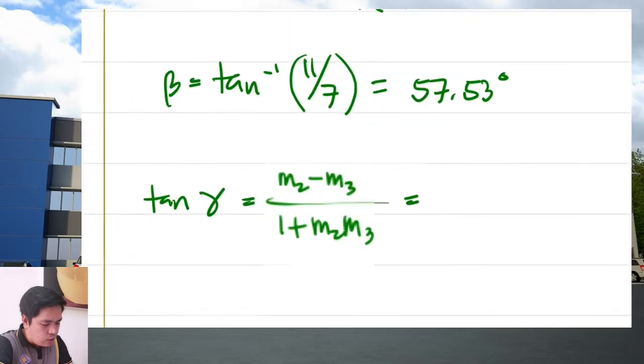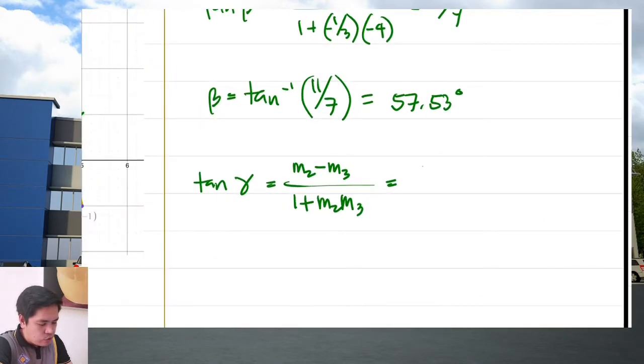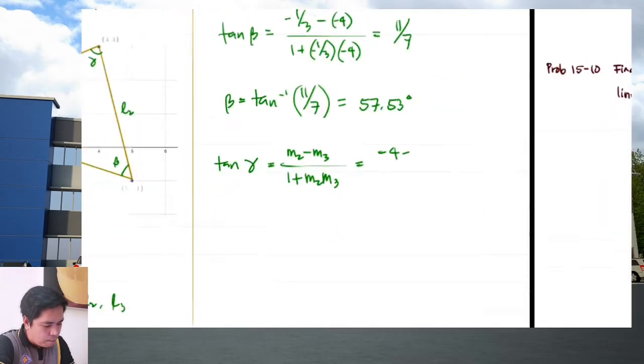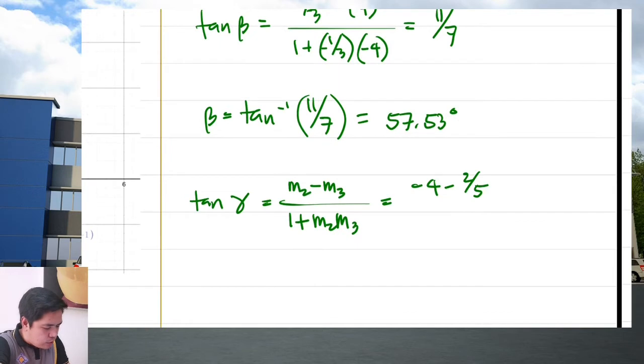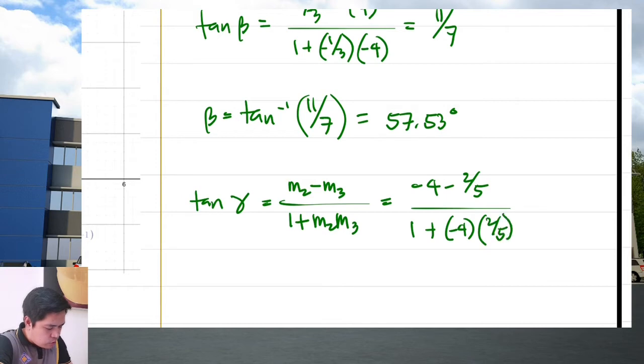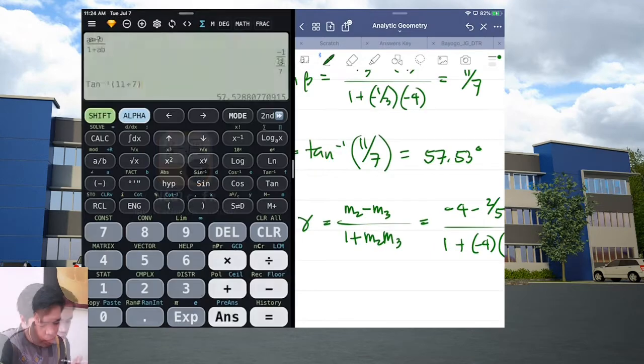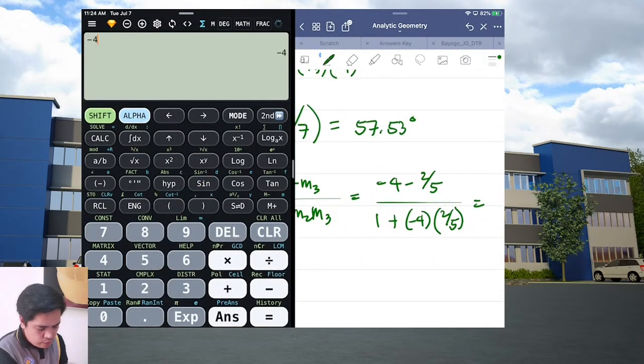And we know that M2 is negative 4 minus M3, which is, what is M3 again? M3 is 2/5. Okay, minus 2/5. Then all over 1 plus negative 4 times 2/5. So again, using our calculator, this time our A is negative 4 and B is 2/5. Let's repeat.